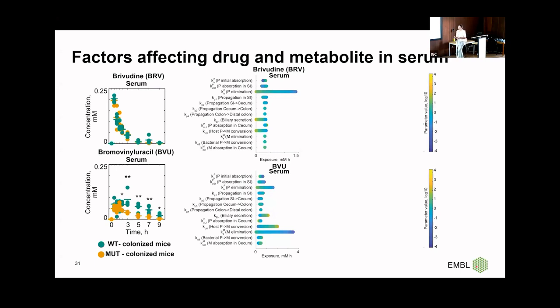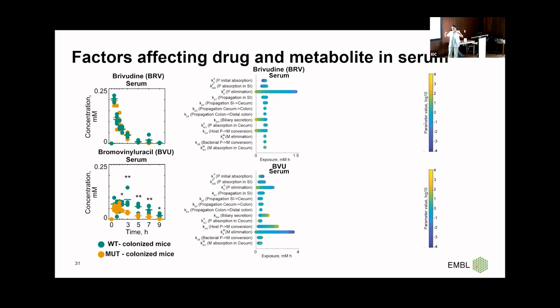I think the answer is that the BVU concentration is affected by two main factors, the host metabolism and the bacterial metabolism. The host metabolism happens much faster because the brivudin gets absorbed from the small intestine within the first half hour or so. There is a high peak in brivudin, and basically the BVU concentration that we see in the first hour is the one coming from the host.